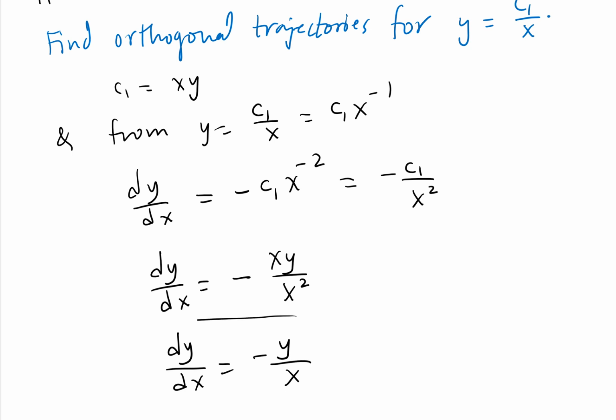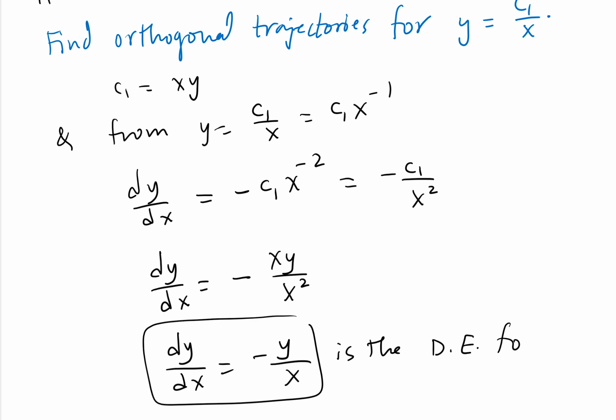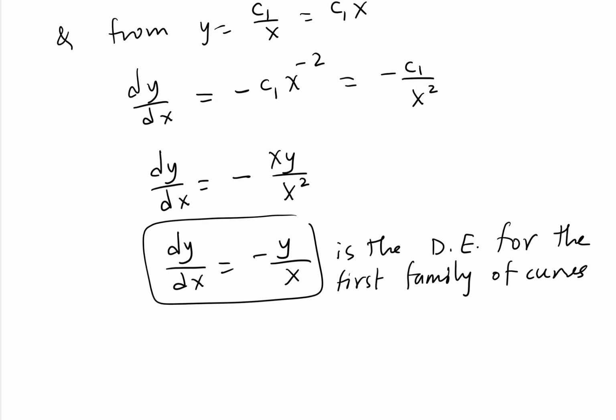So this is the differential equation for, you know how we said in the definition two families of curves, f and g, this is the differential equation for the first family of curves. Okay, that's the first one.